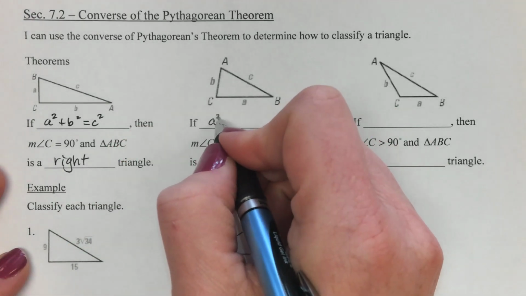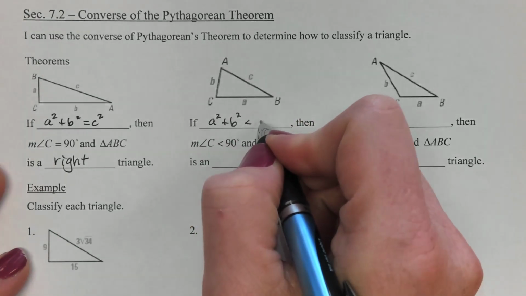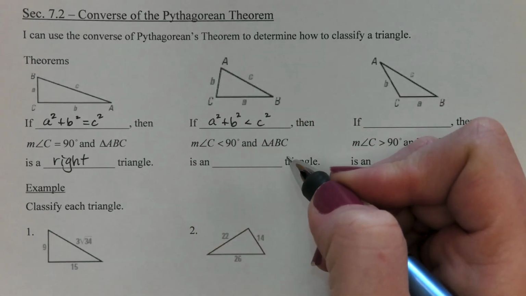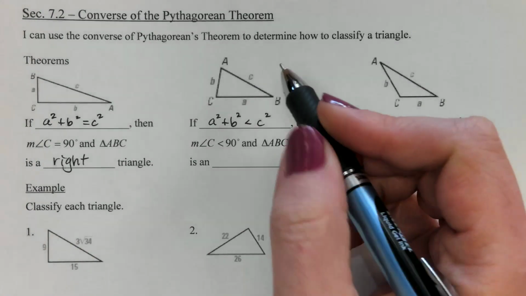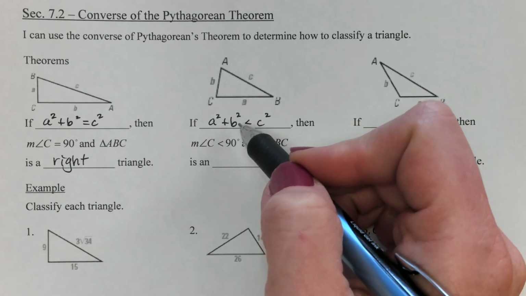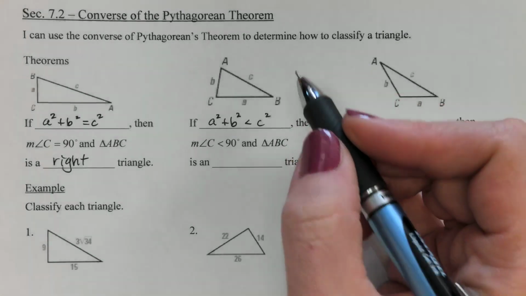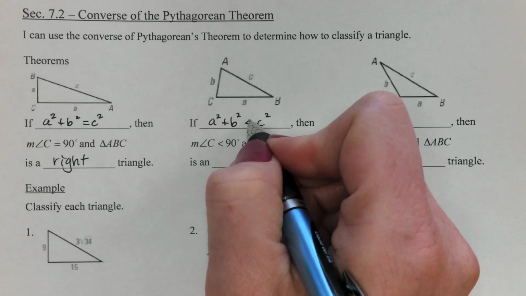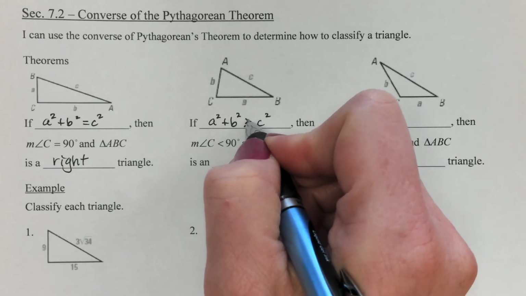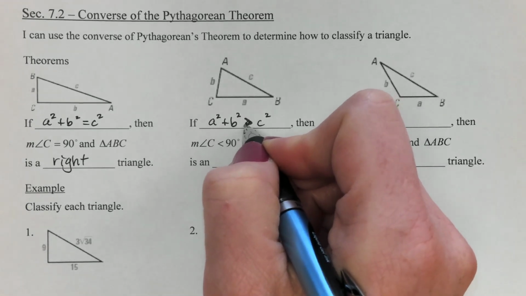But if a squared plus b squared is less than c squared, so if that third side, that hypotenuse, is actually bigger than these two sides, what you end up with... oh shoot, I did that wrong. Hold on, just white that out. I have these backwards. Make that a greater than symbol.